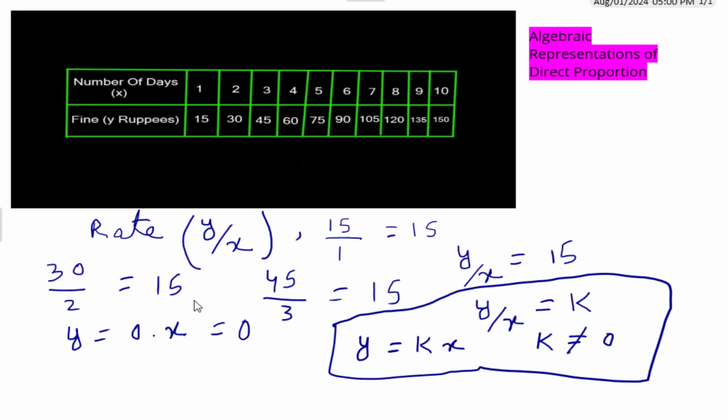This means that for any value of x, y will always be 0. In this scenario, there is no meaningful relationship between x and y in the context of direct proportionality, because y does not change with x, it is simply always 0. Therefore, for k equal to 0, y is always 0 regardless of the value of x.